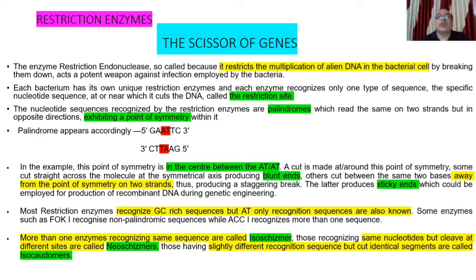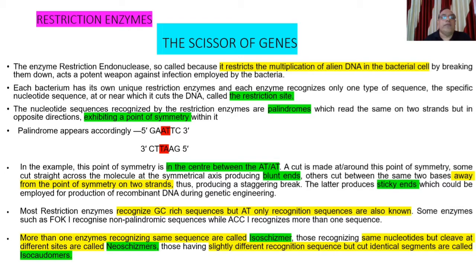That is, they could stick with each other when they are provided with complementary ends, or two fragments cut by the same enzyme having overhangs can easily pair because they are cut at a specific point, which is the recognition point. We shall deal with the mechanism of cutting in the next slide.